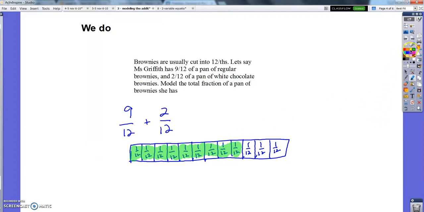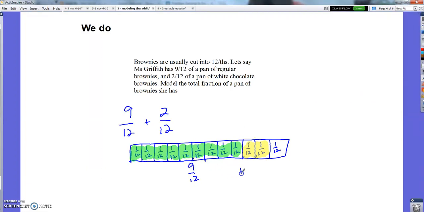And then I'll add to that 2/12 in another color. And there I can kind of see 9/12 plus 2/12 equals 11/12.